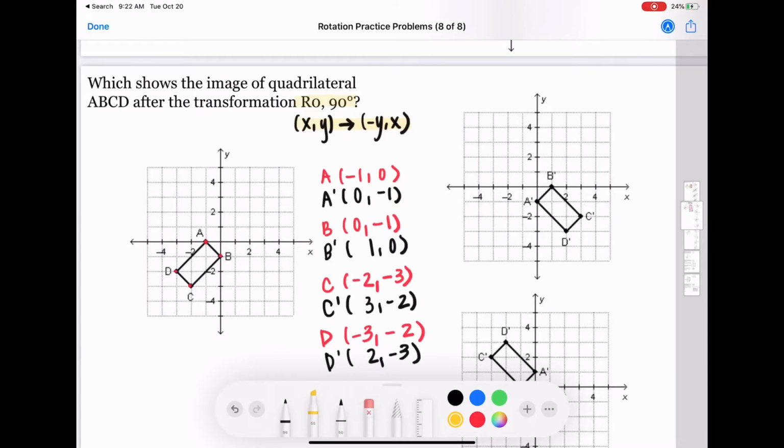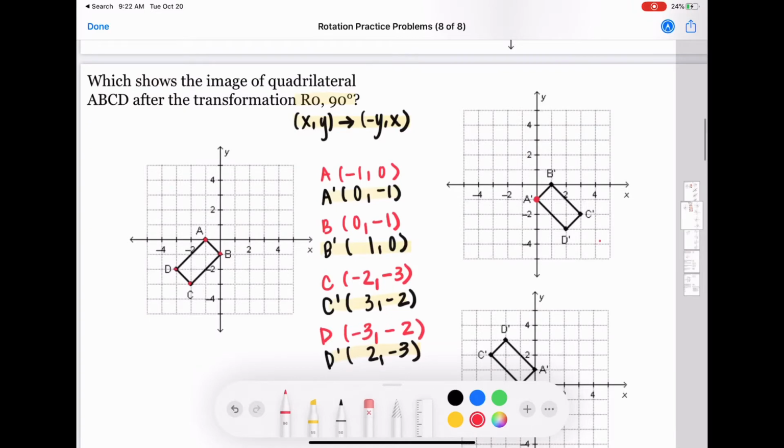So we're trying to find which of these images will allow us to get our vertices on these resulting coordinates. So let's look for A prime. A prime needs to be at 0 and -1. Here A is at 0, -1.